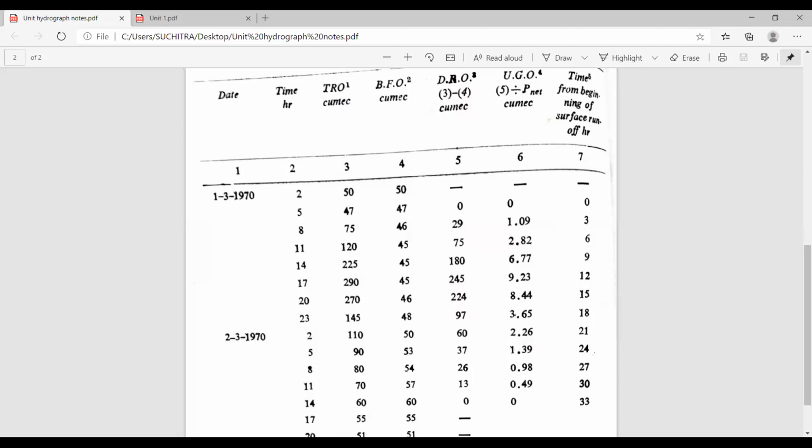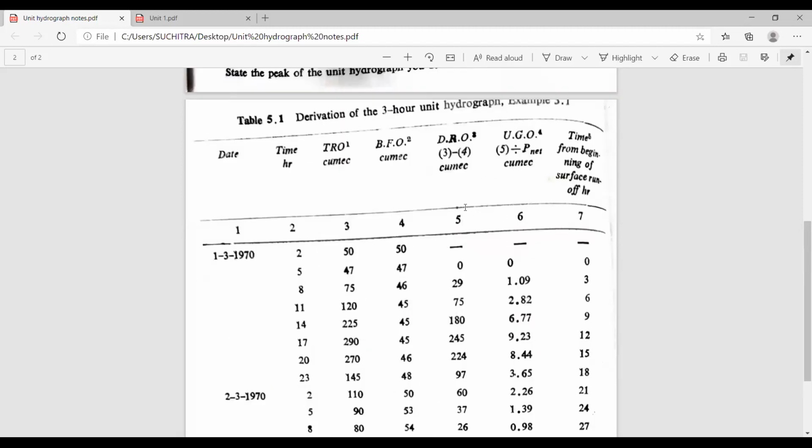Here, on two particular dates, you have time intervals of 3 hours, and when you plot the graph you get the total runoff ordinates in column 3, and the values in column 4 are the base flow ordinates. If you deduct the base flow ordinates from the total runoff ordinates, that is column 3 minus column 4, you get the direct runoff ordinates. Column 5 values are the direct runoff ordinates.